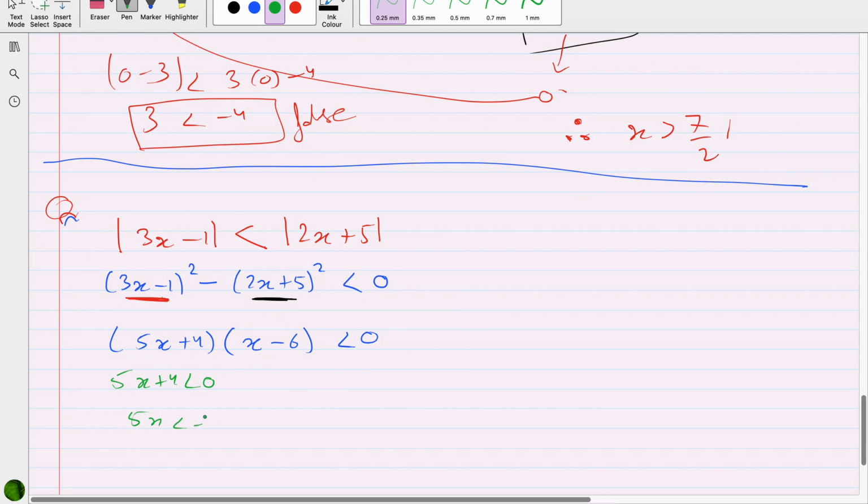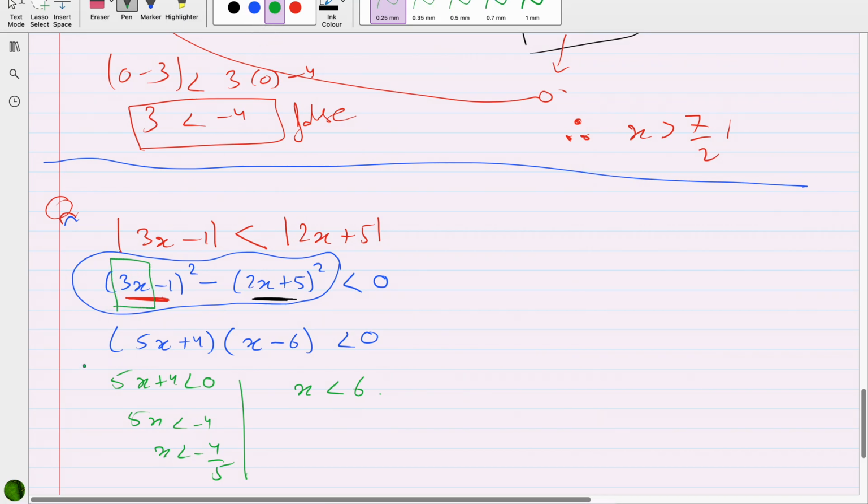So 5x is less than negative 4 and x is less than negative 4 by 5. On the other side, x is less than 6. Now we see if we would have expanded this, will we get x square as positive or negative? And 3x square would have been 9, 2x square would have been 4.